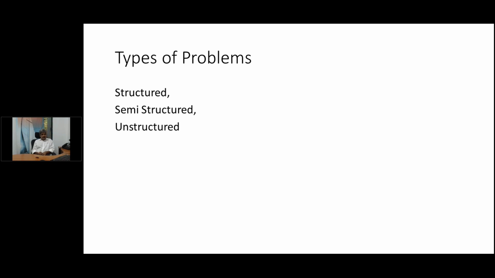And the third category that we have actually identified is the semi-structured problem, and that is the category which we face on a day-to-day basis. Now, what actually does the structured problem mean? The structured problem is the rule-based problem. The structured problem is the routine problem that we are facing. Right?